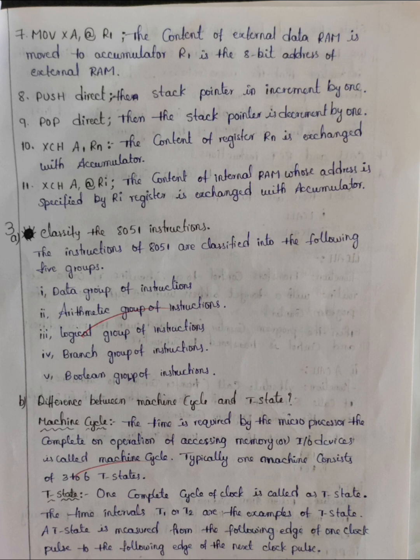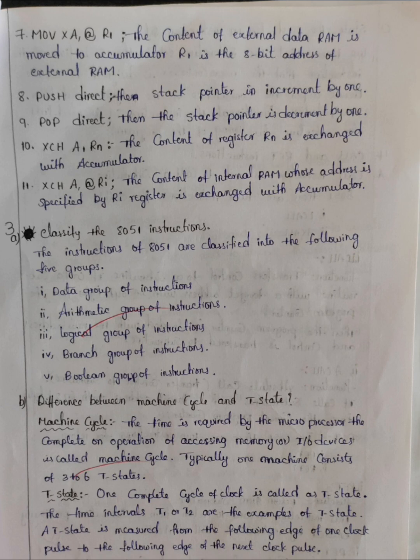Difference between machine cycle and state cycle. Machine cycle: the time required by the microprocessor to complete an operation of accessing memory or input-output devices is called a machine cycle. Typically, one machine cycle consists of 3 to 6 T-states.